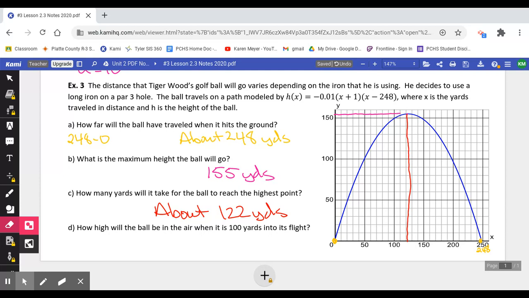Let me erase that. Let me make sure that we go back here. It says X is the horizontal distance and H is the height. Okay, so yeah. So we are trying to find how high. So I am telling you 100. So we were right. So go ahead and find 100. Follow it up until it hits my graph. Follow it across. And I would say 150 yards. And that's it.